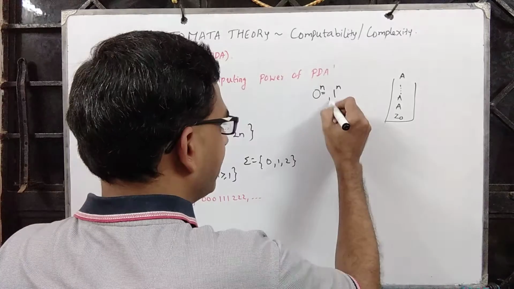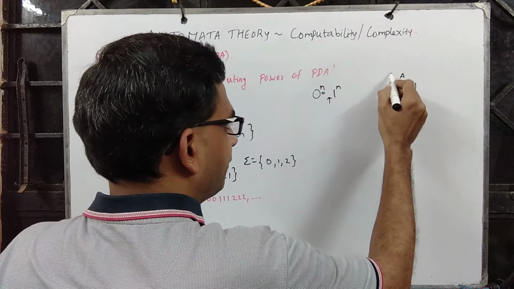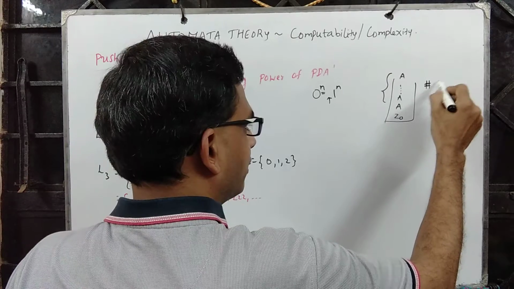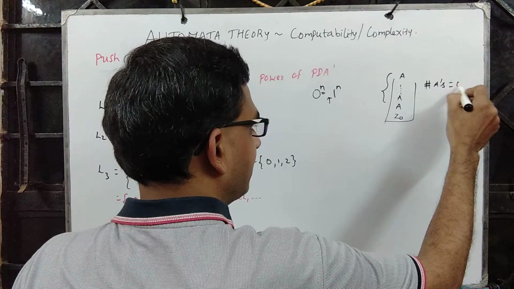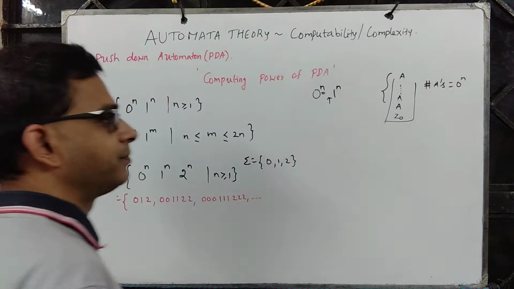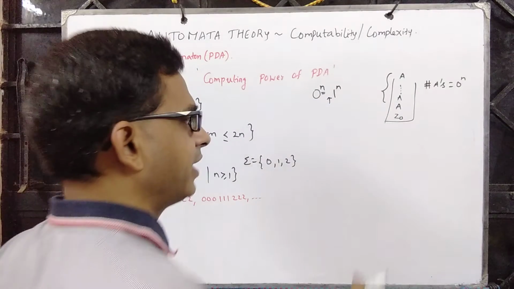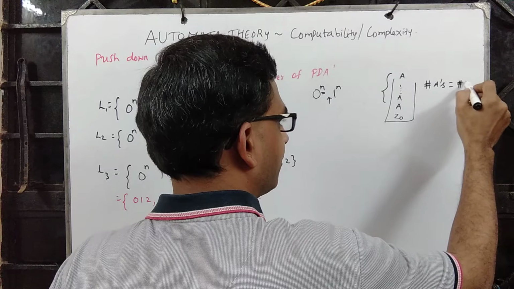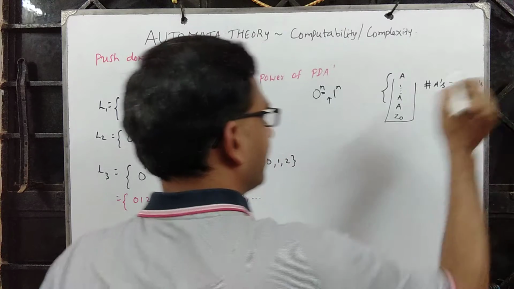So the moment we reach here, the number of A's in the stack is same as 0 power n, meaning n A's will be there, the same as the number of zeros.